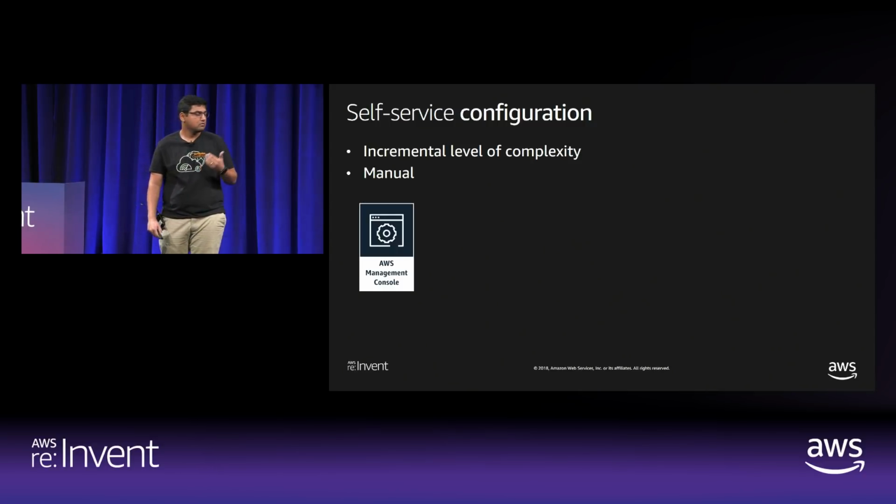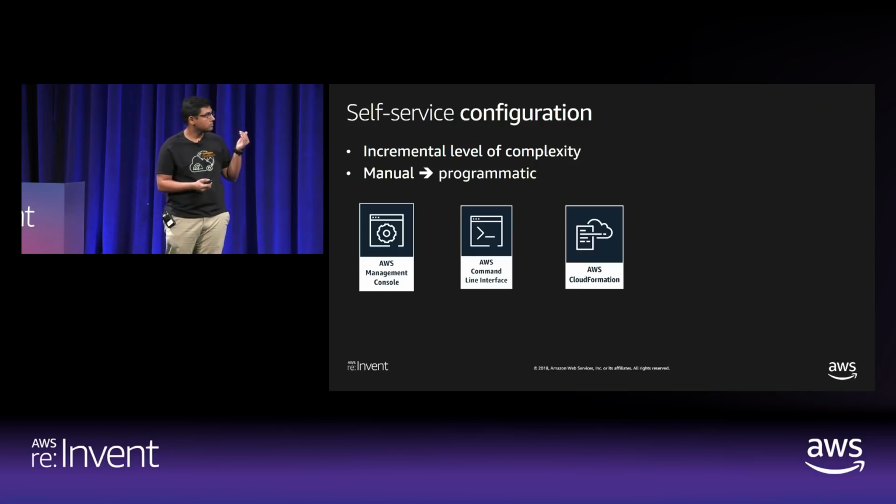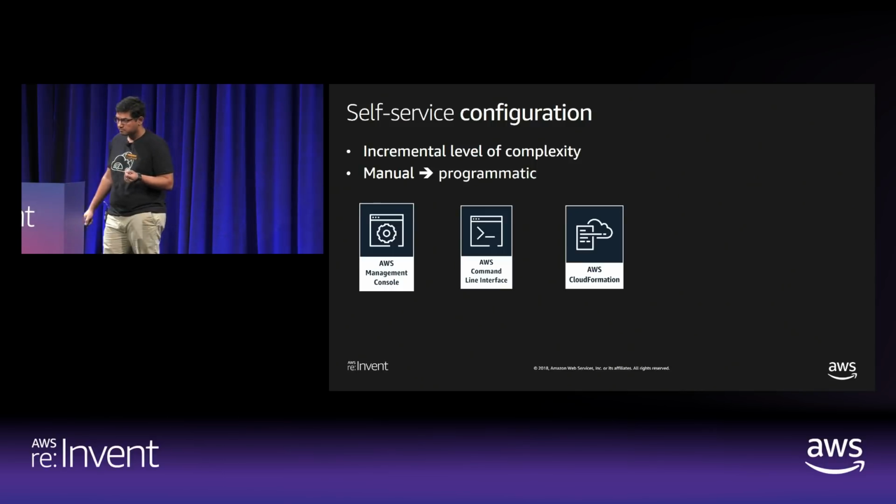To make the task of repeatedly changing or updating configuration programmatic, AWS also has tools like the AWS CLI, and you can also utilize CloudFormation templates to bring up AWS resources.